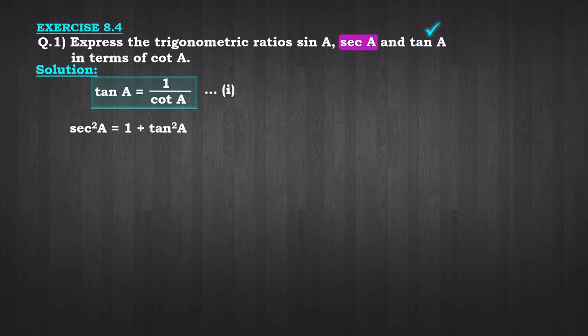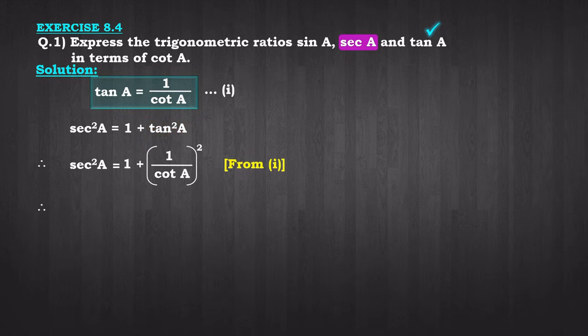Now let us find secant A. Using the identity, secant squared A is equal to 1 plus tangent squared A. Substitute the value of tangent A from equation 1. This gives secant squared A is equal to 1 plus 1 upon cotangent squared A. Take the LCM.